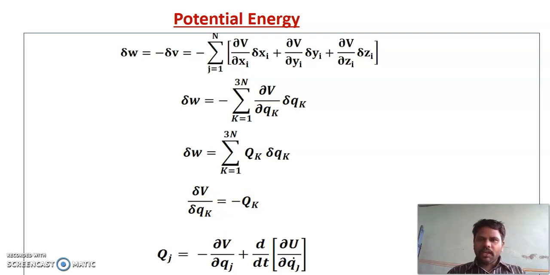However, if the potential depends on velocity, then the generalized force is given by Qj equals minus dou V by dou qj plus d by dt of dou U by dou qj dot. The second term in this expression is a velocity-dependent potential.